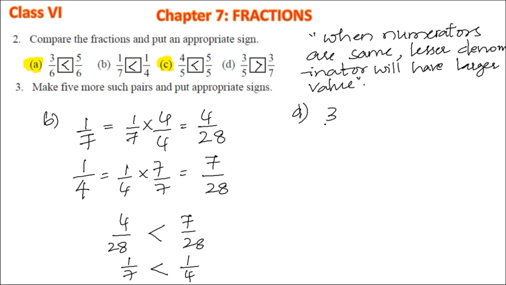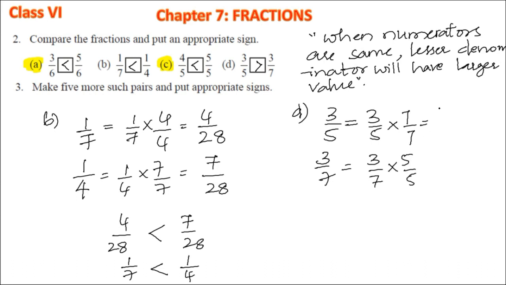This 3 by 5 and 3 by 7 you express as the same denominator. For doing so, I'll multiply 7 by 7 for the first fraction and 5 by 5 to the second fraction, so that this becomes 21 by 35, this becomes 15 by 35.